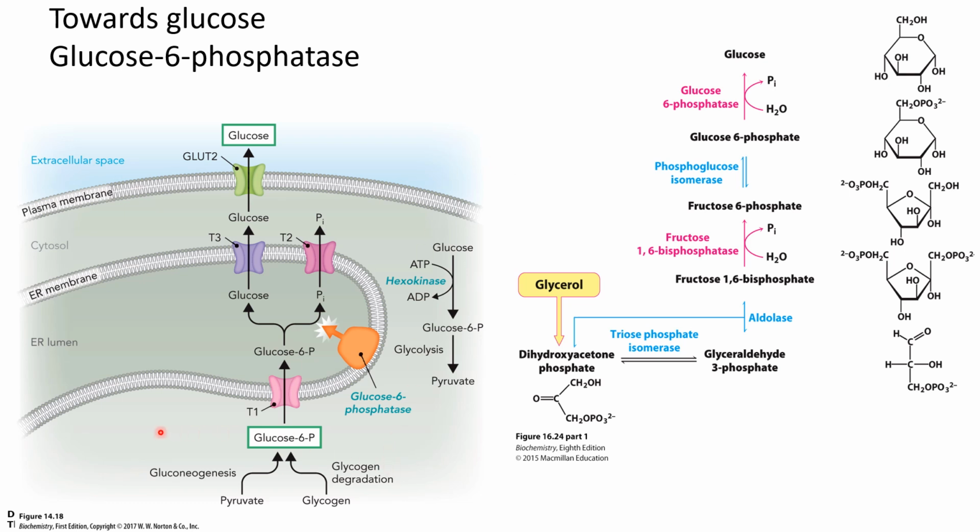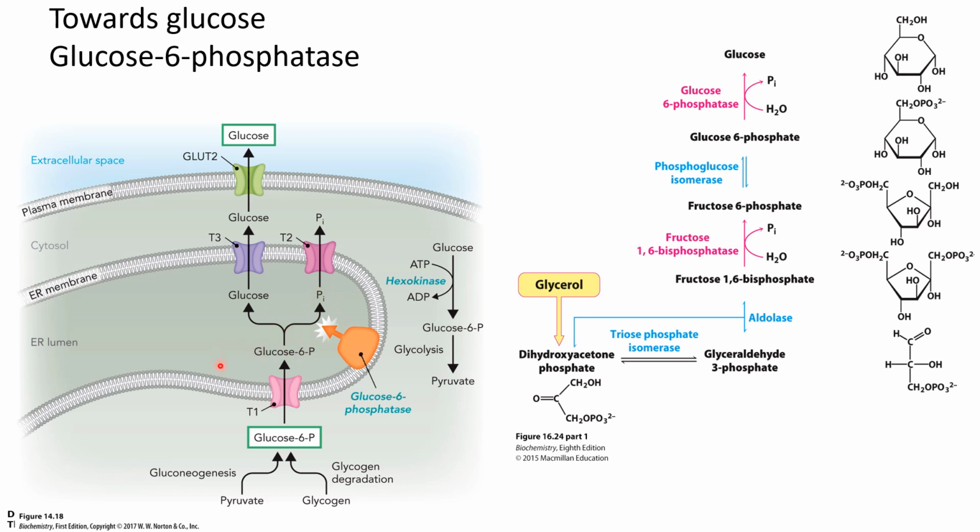Now the first part here is a transporter T1 that transports glucose 6-phosphate into the ER lumen. And here on the inner side of the ER lumen, we have the glucose 6-phosphatase. So the glucose 6-phosphatase points inside the ER lumen, and in there it hydrolyzes the glucose and thereby cleaves off the phosphate group.